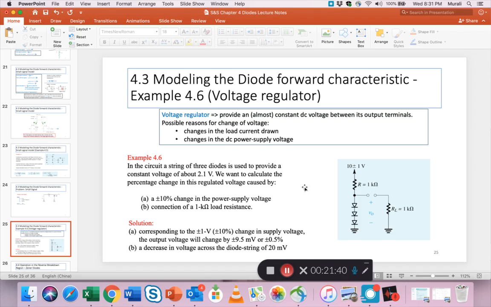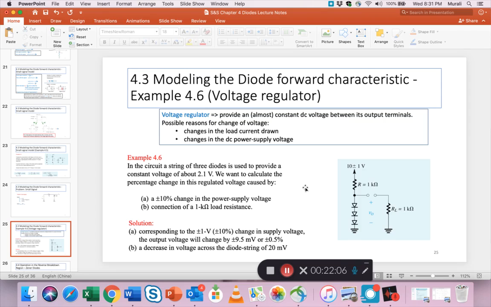So what he is asking us is to calculate the percentage change in this 2.1 volts if, number one, there is a 10% change in the power supply voltage. If you didn't have these diodes, the 10% change in the power supply voltage would go straight to RL, right? Or straight to the output.